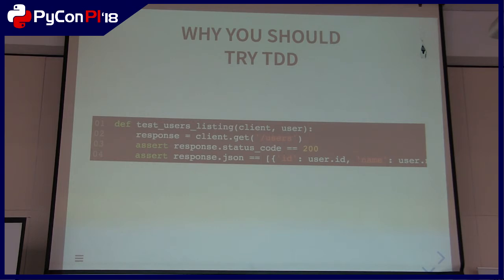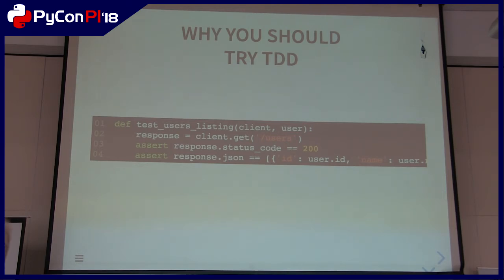In this case, you just have to modify your handler. It should actually query the database in the way you want. Then this test will pass, and then you will go to another feature and do it in the same way, and so on. And in the end, you will have all your features tested.